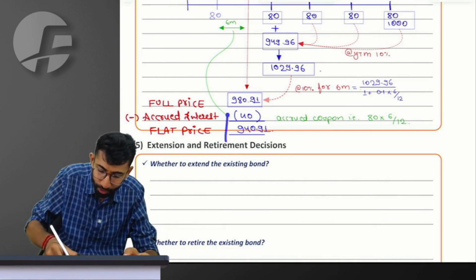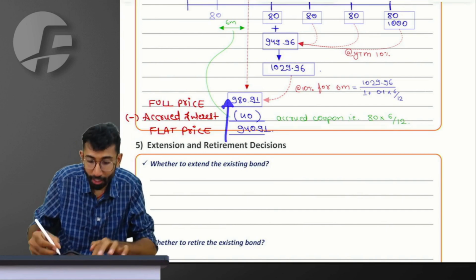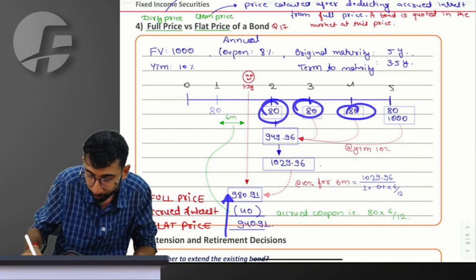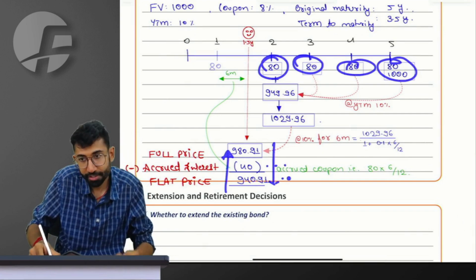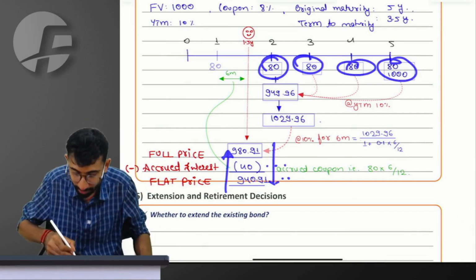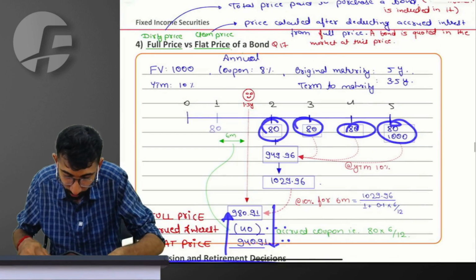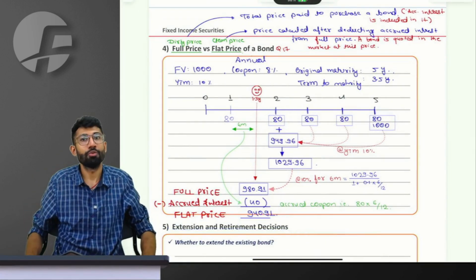However, when you do the present value of future cash flows, you will first get the full price, deduct the accrued interest and get the flat price. This is everything with respect to this concept which I wanted to teach to you.